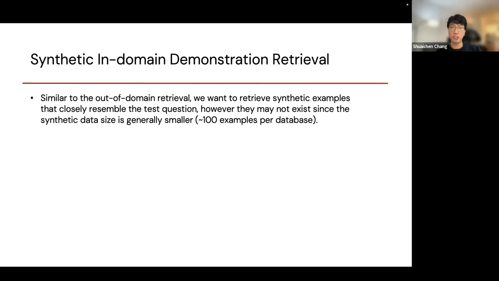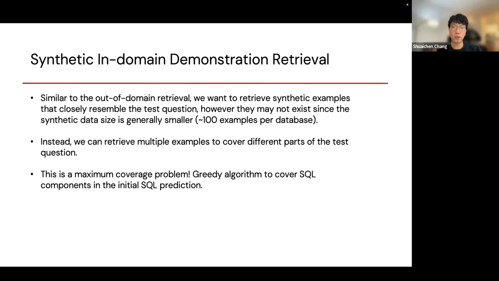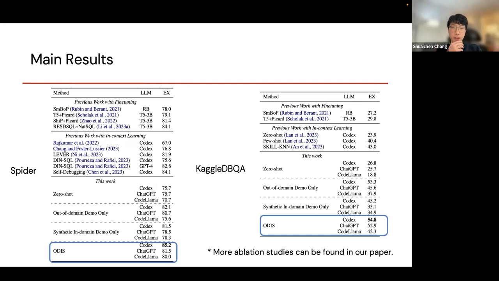After we have the in-domain examples, we do some retrieval. Similarly, we want to retrieve examples that are similar to the test question, so we do a maximize coverage retrieval here. By using the hybrid source of demonstrations, we found, with three different language models, Codex, ChatGPT, and Llama, that our proposed framework can outperform all the baseline models, as well as the methods using only out-of-domain or only in-domain examples.